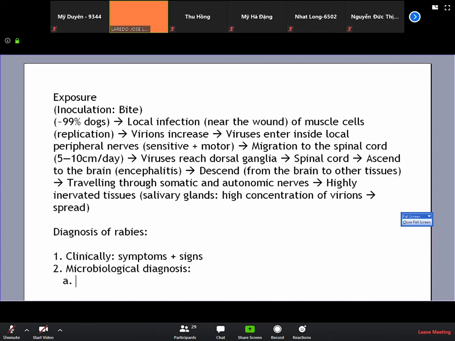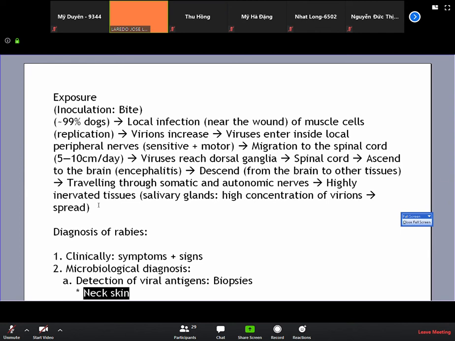We can detect antigens. Antigens of the virus. So we can detect viral antigens. Where? In biopsies, in two different biopsies. Traditionally, we can take a biopsy from the neck skin, because the neck skin is highly innervated.